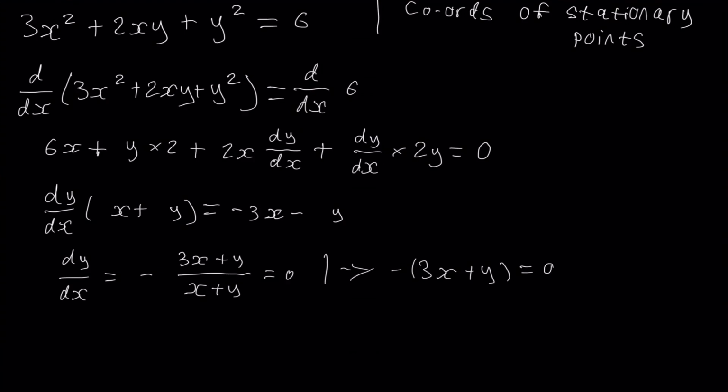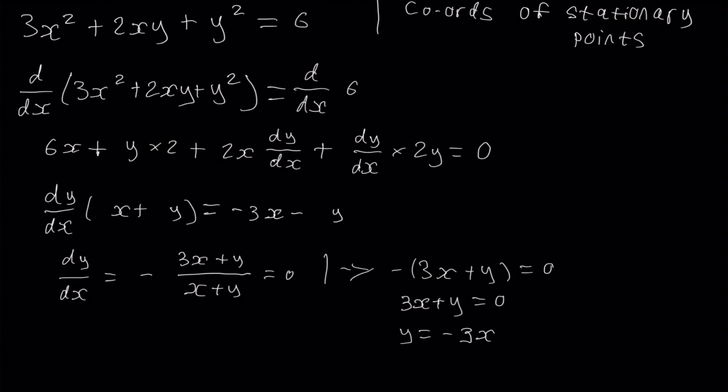Then from here, we can multiply both sides by negative 1. 3x plus y is equal to 0. And then we can rearrange to make either x or y the subject. y is going to be equal to negative 3x.